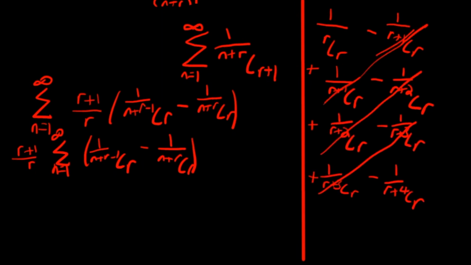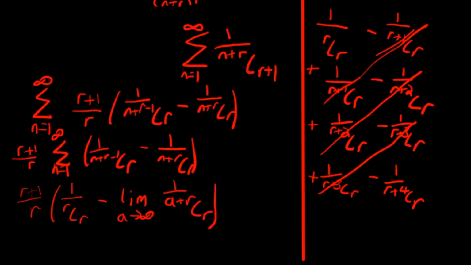And so what we end up with is r plus 1 over r multiplied by 1 over r choose r minus the limit as a tends to infinity of 1 over a plus r choose r. So this is the formal way of writing the limit as n in these fractions here tends to infinity.